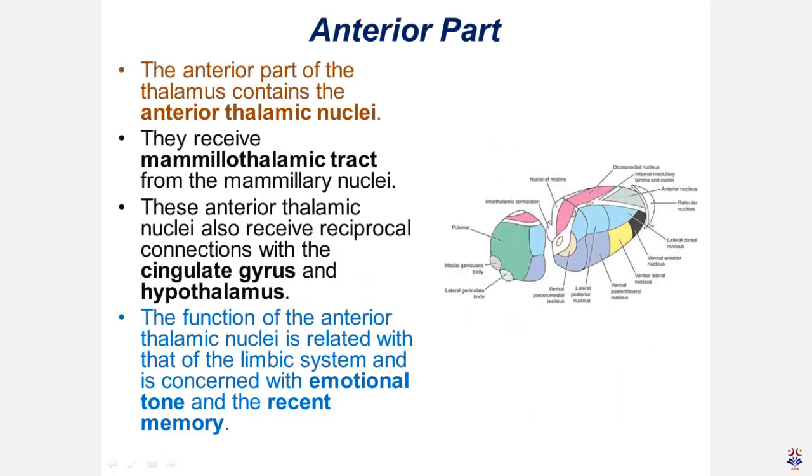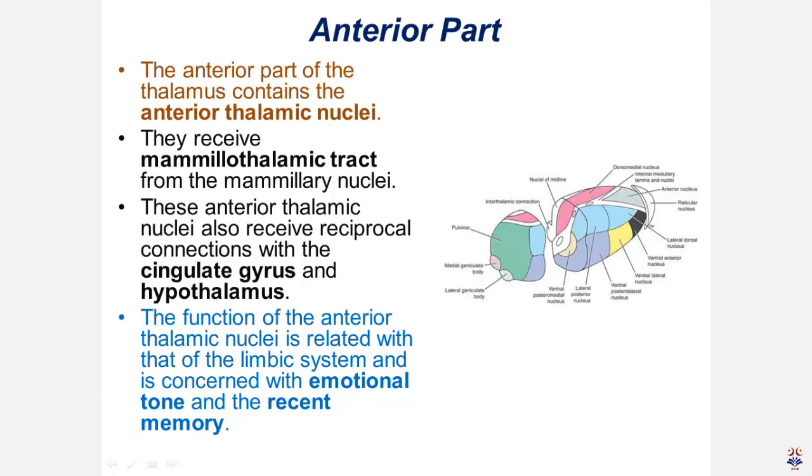Now we see the anterior part. This is the anterior part of the thalamus, which contains the anterior thalamic nuclei. They receive the mammillothalamic tract from the mammillary nuclei. These anterior thalamic nuclei also have reciprocal connections with the cingulate gyrus and hypothalamus.